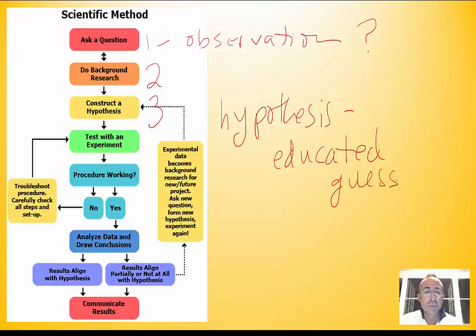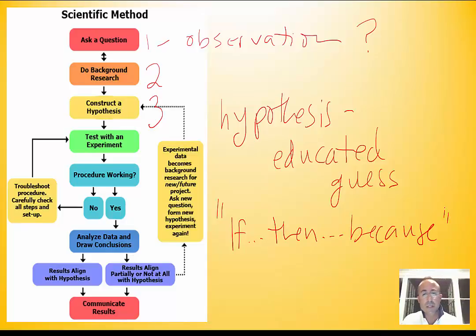Okay, so what goes into this educated guess? All right, you've done some background research, you have an important question that's driving you into this process. But how is this supposed to look? So these are the statements that you guys have probably seen: the if, then, because.